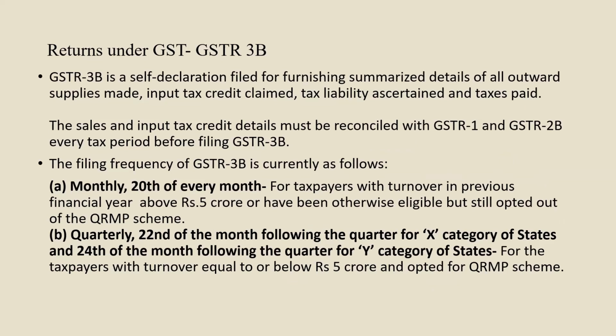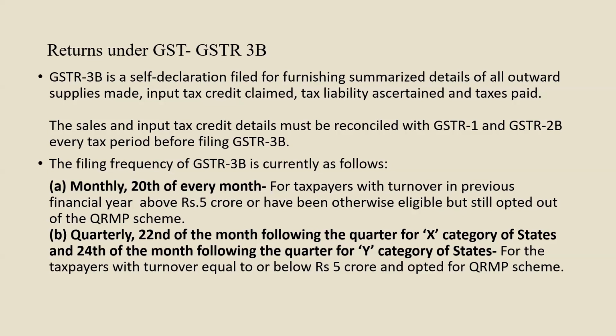The selling and purchasing is now getting combined into one return, which is called the 3B return. So the 3B is a declaration for furnishing the details of all outward supplies, input tax credit, and the tax liability.